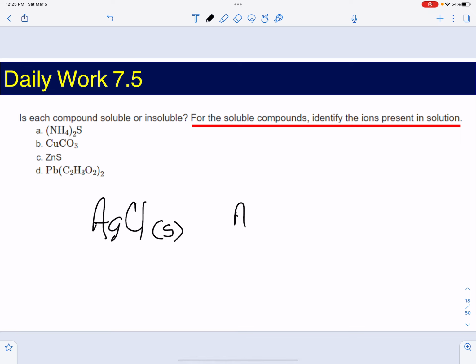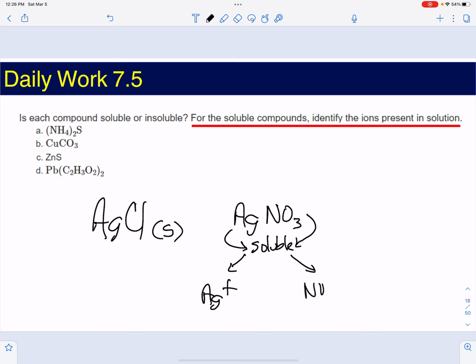But if I have silver nitrate, that's going to be soluble because all nitrates are going to be parts of soluble compounds, and it's going to break, and the cation is Ag plus, and the anion is nitrate. So that's what this is telling you to do.